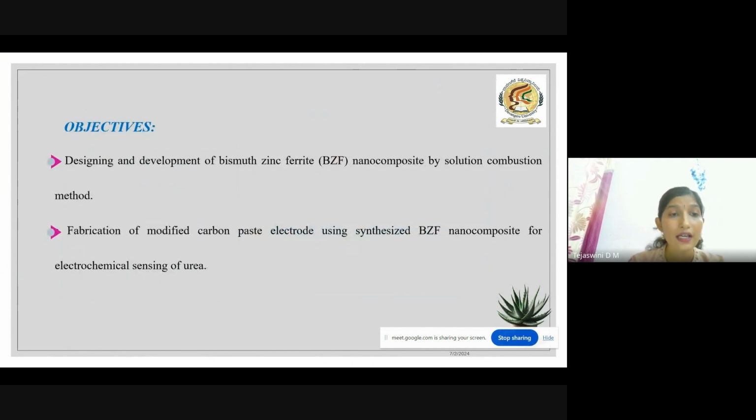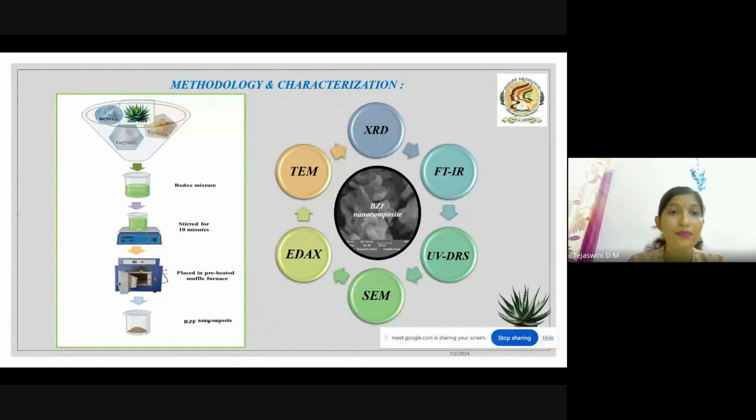The objectives of the current work are the design and development of bismuth zinc ferrite nanocomposite by the solution combustion method, followed by the fabrication of a modified carbon paste electrode using the synthesized BZF nanocomposites for electrochemical sensing of urea.